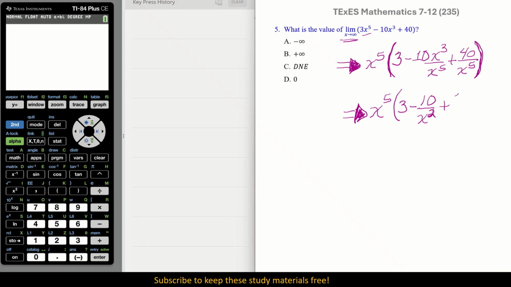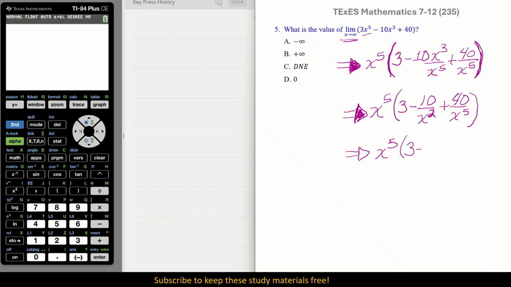Then, of course, we aren't going to do anything with 40 over x to the 5th. Now we can analyze. And this implication is that I have x to the 5 and then 3.